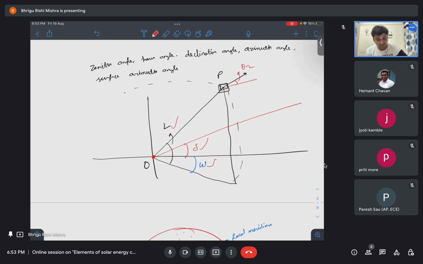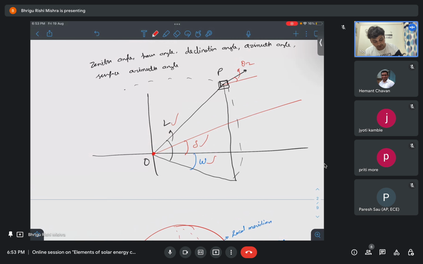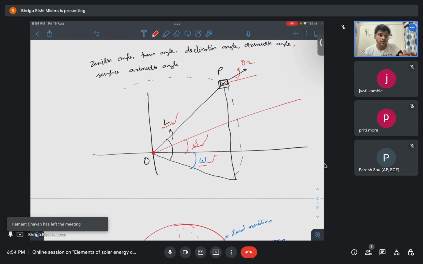And for that we need to know the declination angle, surface azimuth angle, solar azimuth angle, and the hour angle. We have also seen that latitude, declination angle, and omega are measured with respect to the center of the earth, which is why these are called central angles, whereas theta z, the zenith angle, the surface azimuth angle, and the solar azimuth angle are calculated at the surface level.